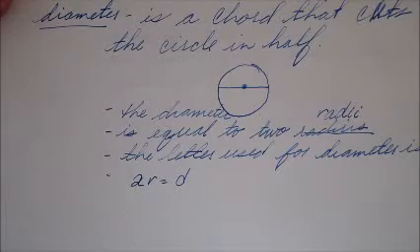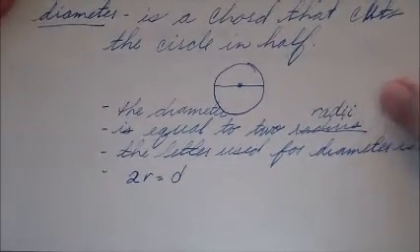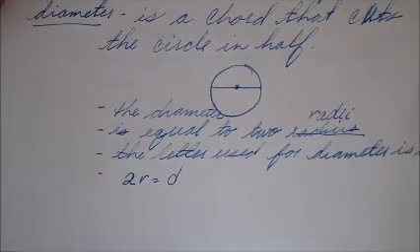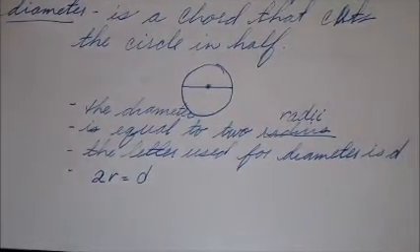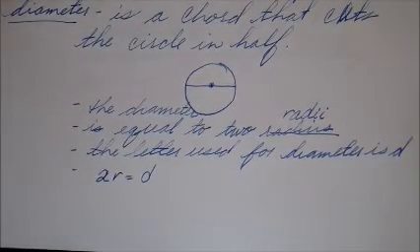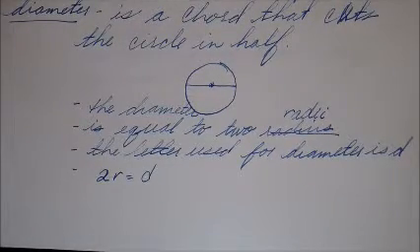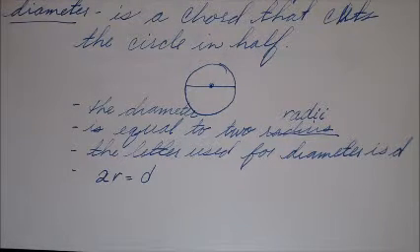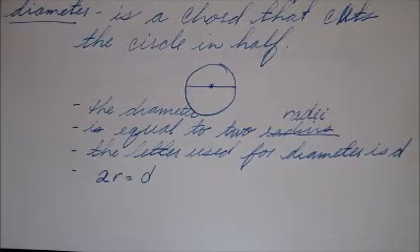I was about to say radiuses, but there's no such word. The letter used to refer to the diameter is D. Due to the fact that the diameter is equal to 2r, we could say that 2r is equal to D.